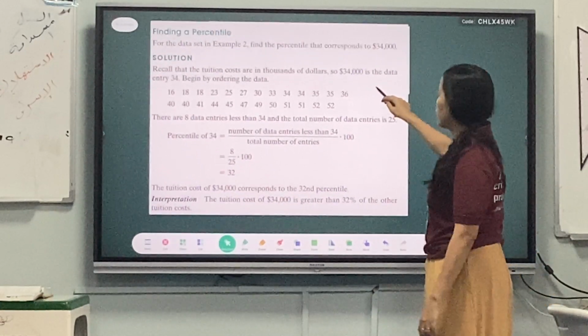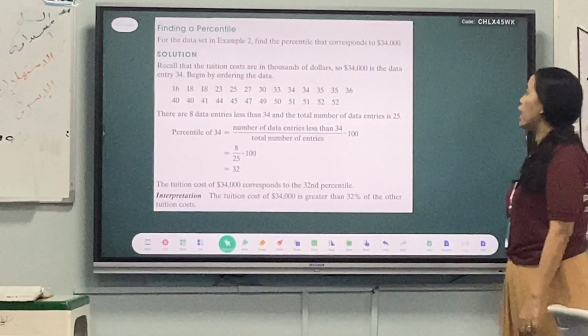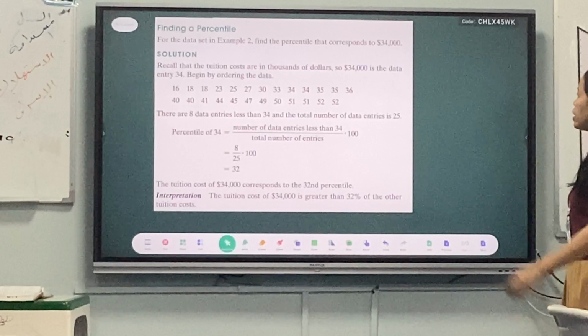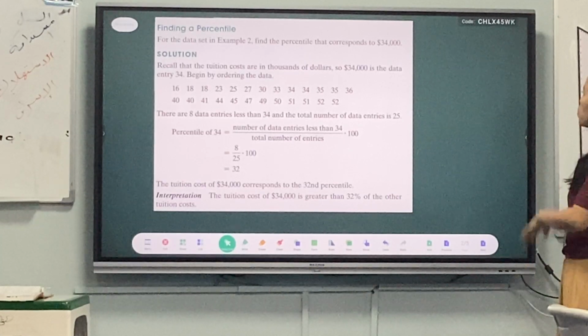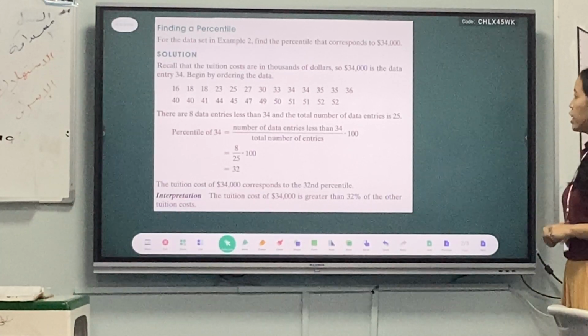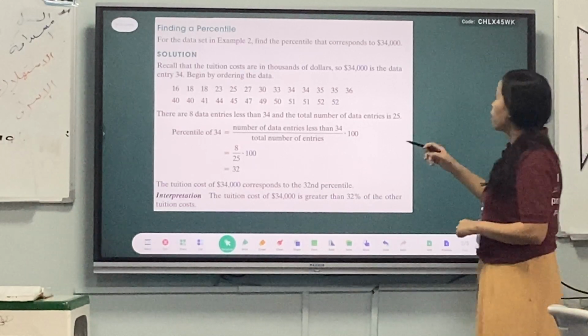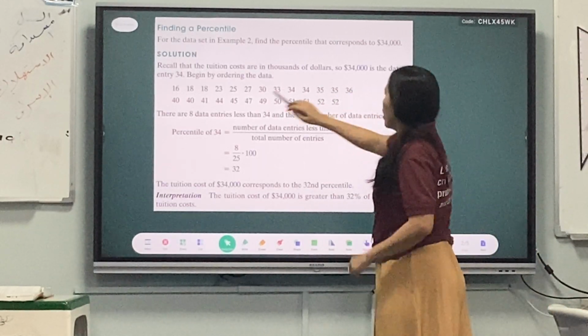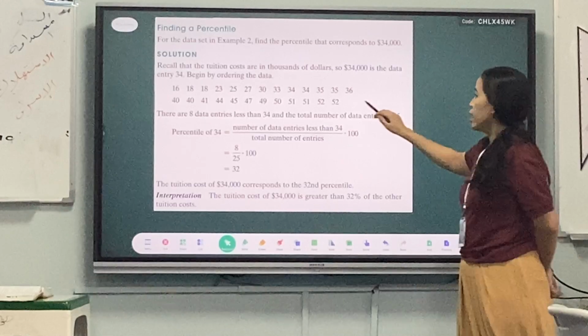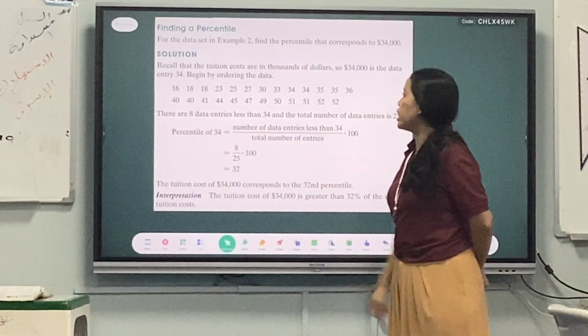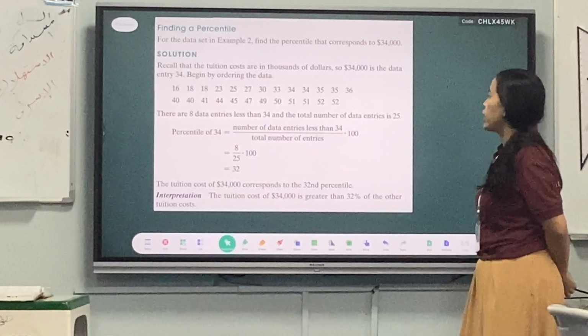So find the percentile of example 2 that corresponds to $34. This is the given. Then how many entries are there?